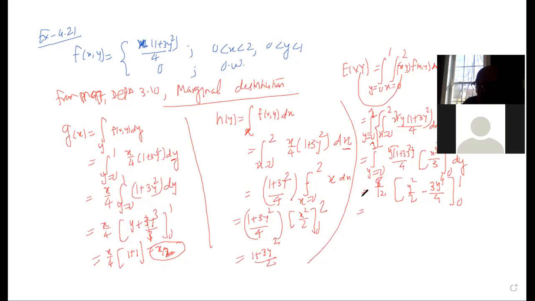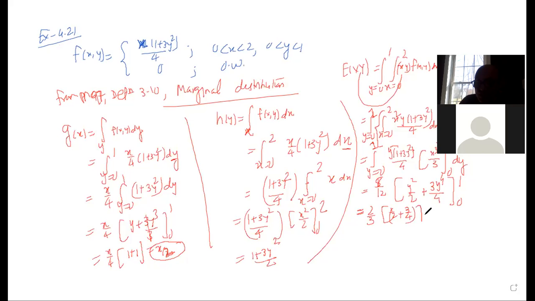So that is equal to 8 by 12, that is 4 by 6, which means 2 by 3. So I can write 2 by 3 over here. And the integration over here, y square by 2 and 3y to the power 4 by 4, right? The plus sign is there. I don't know why I'm writing minus. So that is equal to 1 by 2 plus 3 by 4.